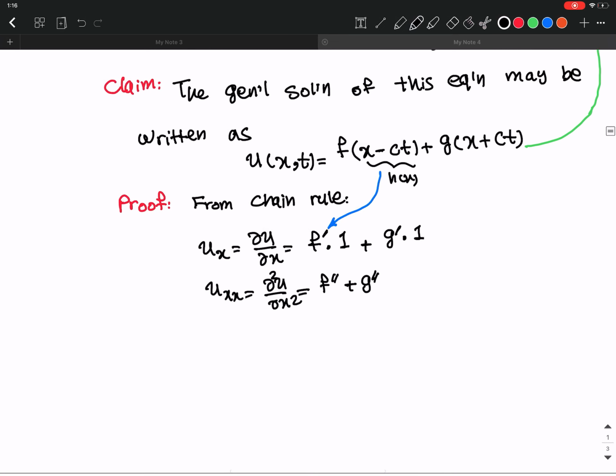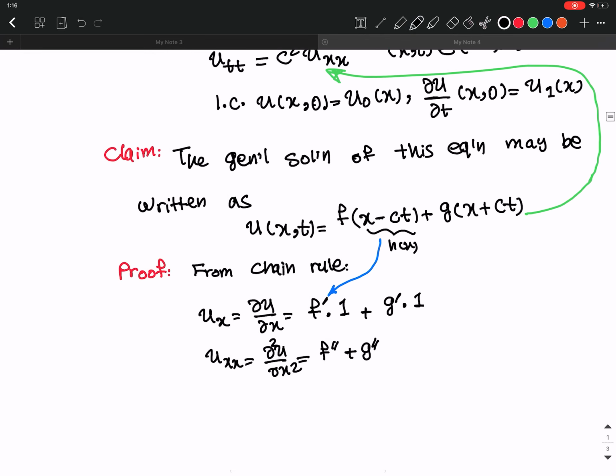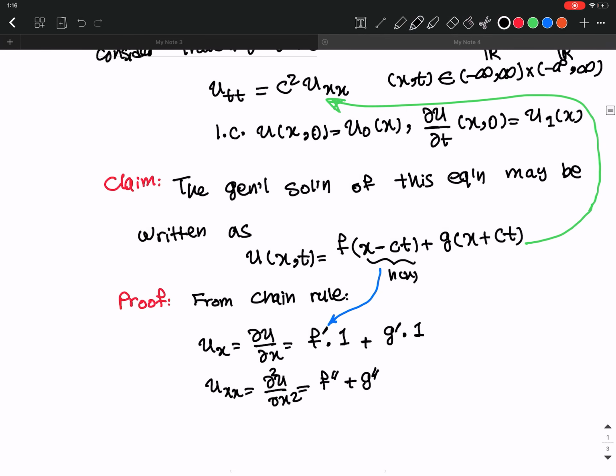So this is the first part of the equation that we have. We have just found this part.